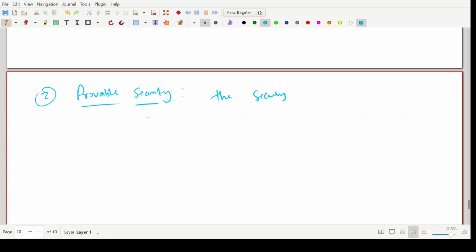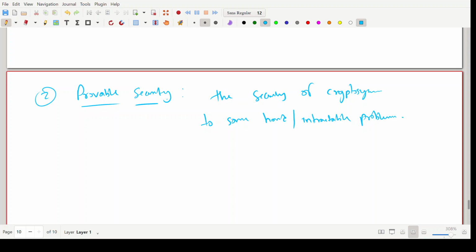In the case of probable security, the security of the crypto system is associated to some hard or intractable problem.